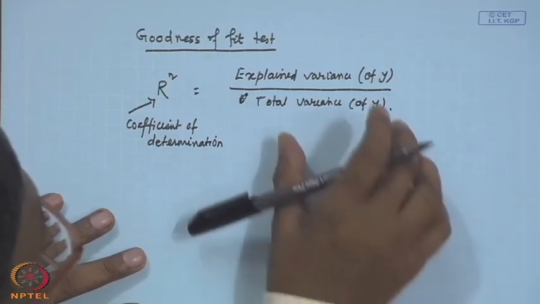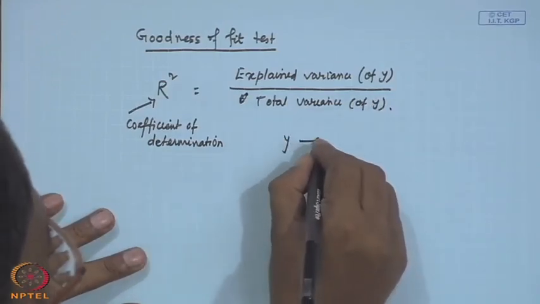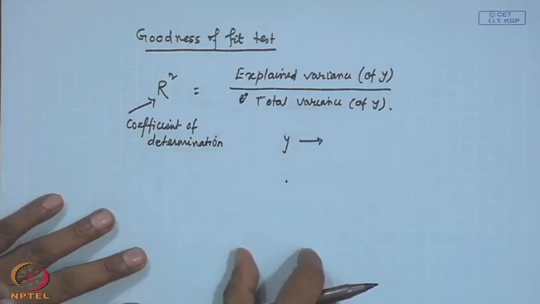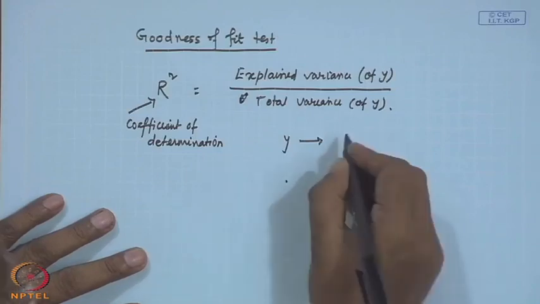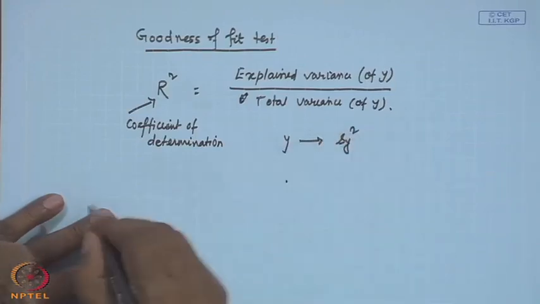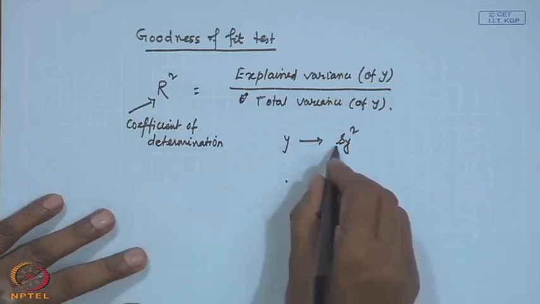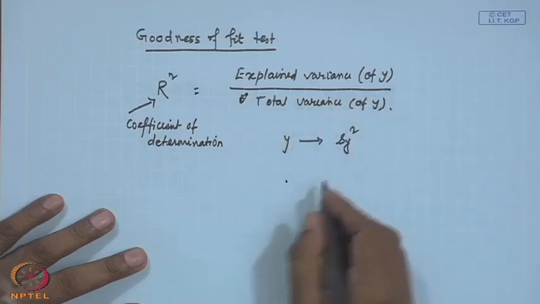That means the y values vary from one to another, and there is a variance of y, which is s y square. S stands for the standard deviation, and squared it is the variance.